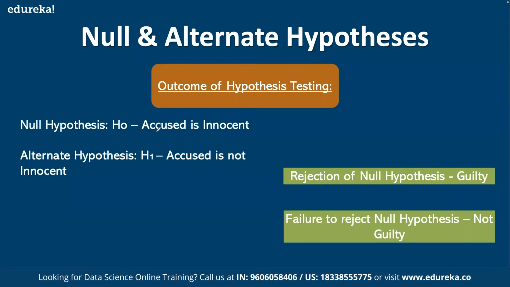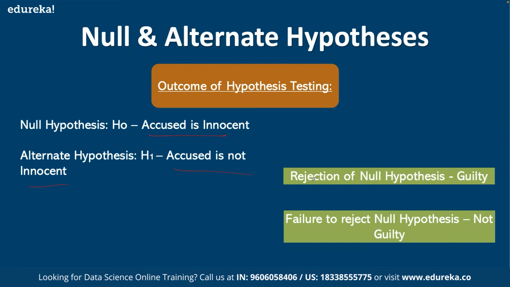Maybe the accused is innocent. Otherwise, the data will follow the alternate hypothesis, which says that the accused is not innocent. In this way, we are going to specify the same.